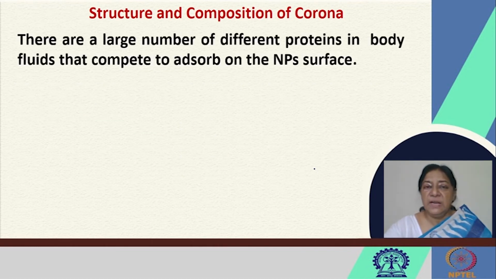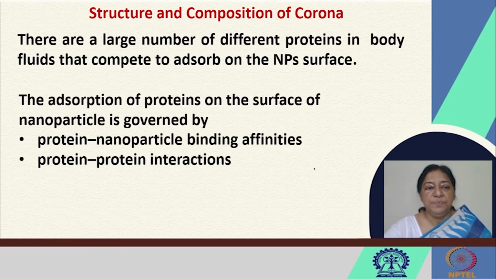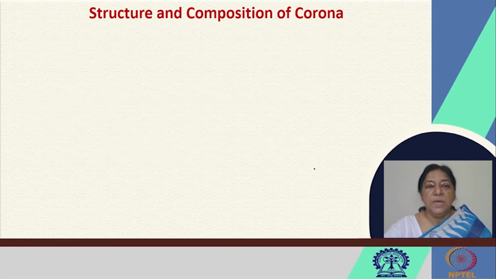In this case, there are a large number of different proteins in the body fluids that can compete to adsorb on the nanoparticle surface. So the affinity with the nanoparticle is going to be important. The adsorption of the proteins on the surface of the nanoparticle is governed by the protein-nanoparticle binding affinities and protein-protein interactions.